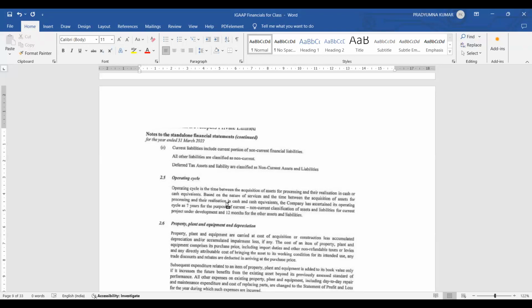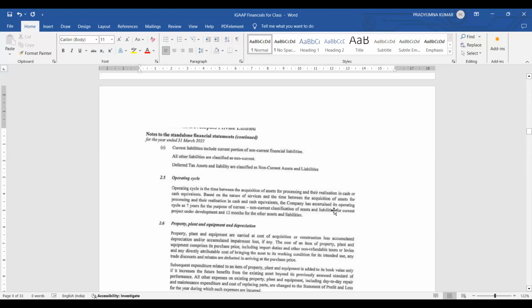If you see here, the operating cycle is the time between the acquisition of assets for processing and their realization in cash or cash equivalents, based on the nature of services.